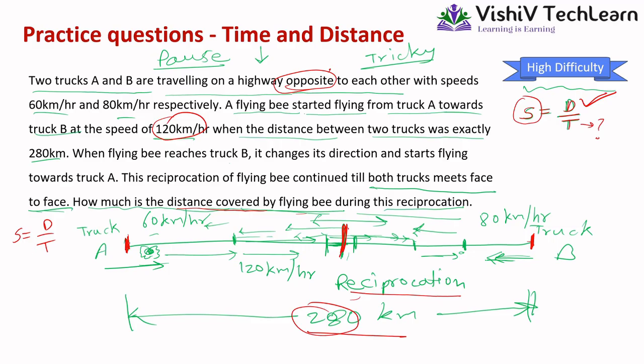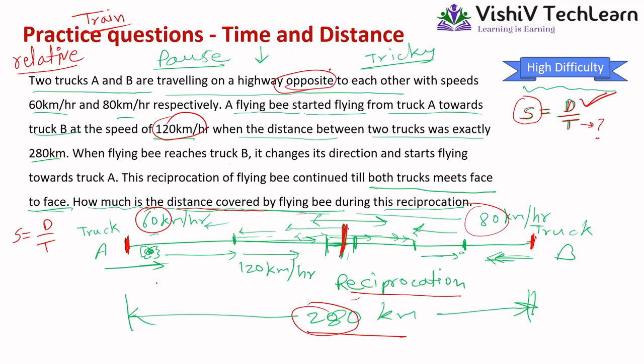Since both trucks have different speeds, 60 and 80, we can consider the relative speed over here. This relative speed concept we already covered in the topic of train related questions. You can check that video. So relative speed we have to use.